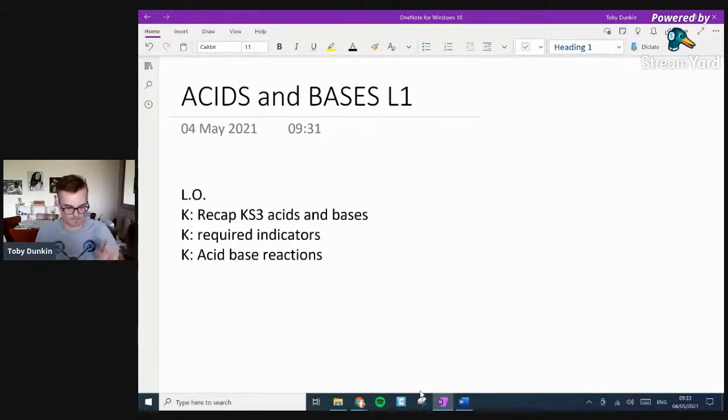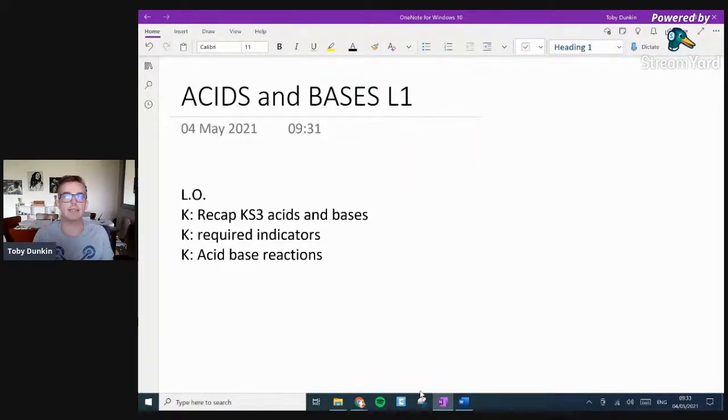As I said, the last time you saw this was in year 7 or 8, which is a long time ago. So the first thing we need to do is go through what you learned in year 7, which isn't really a huge amount. You learn about 5 facts, which we'll go through today.